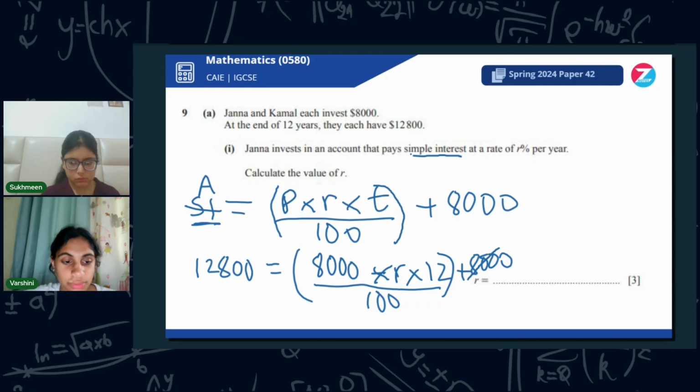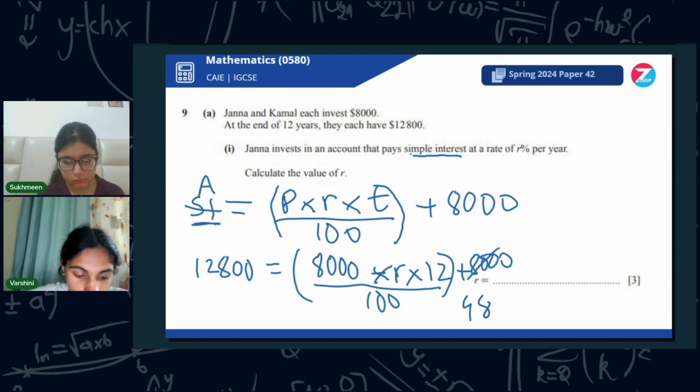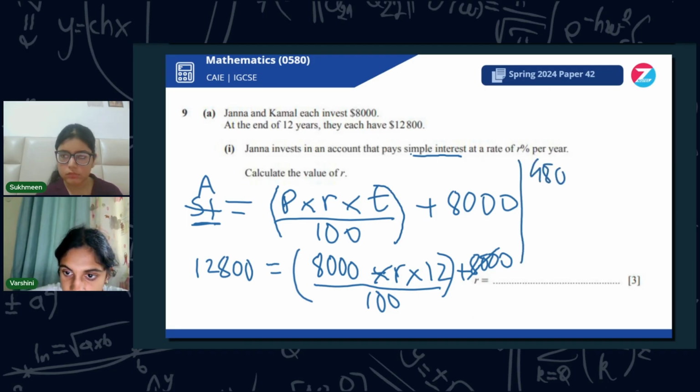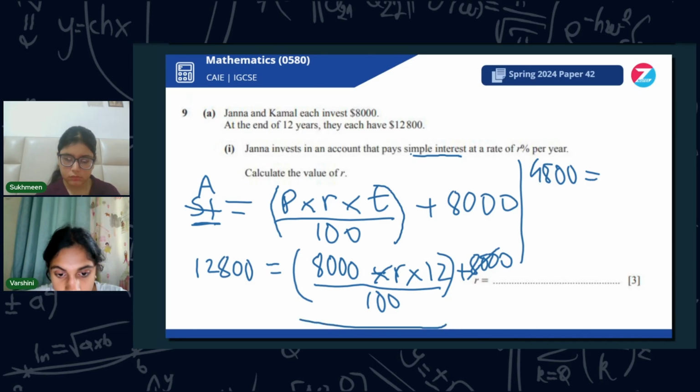If we do 12,800 minus 8,000, you should get 4,800. Let's write that up here. 4,800 equals 8,000 into 12 into r, divided by 100. First let's get rid of the 100 in the denominator by multiplying both sides by 100.